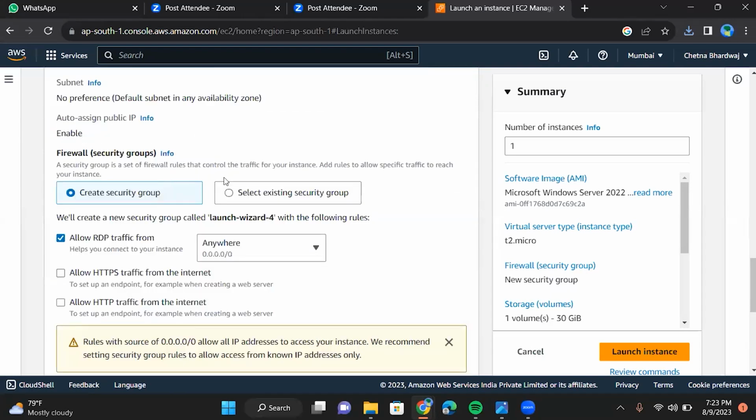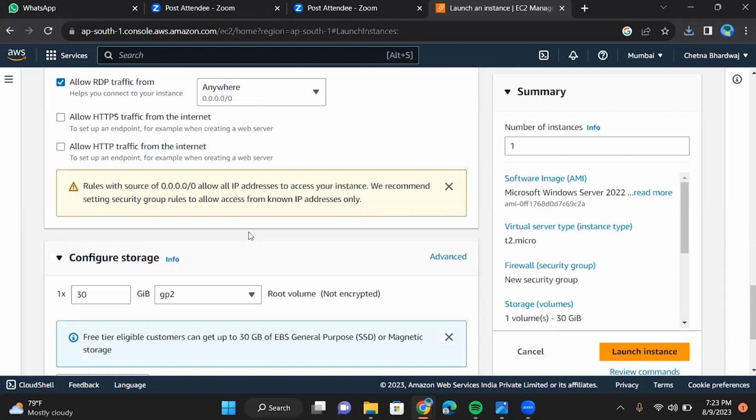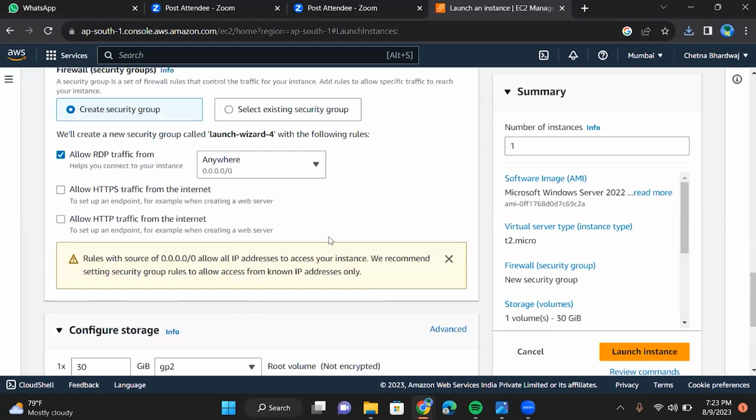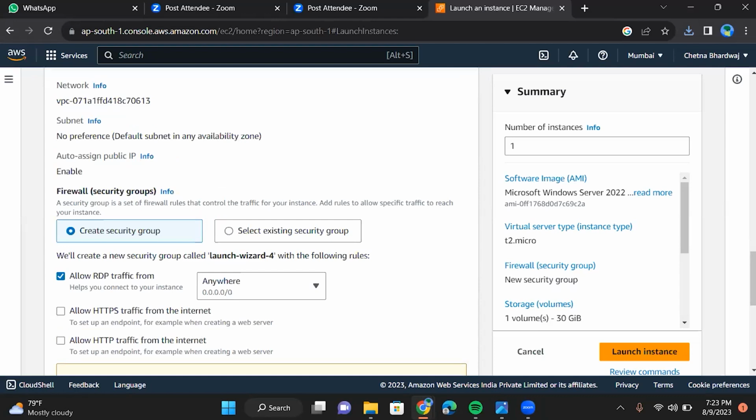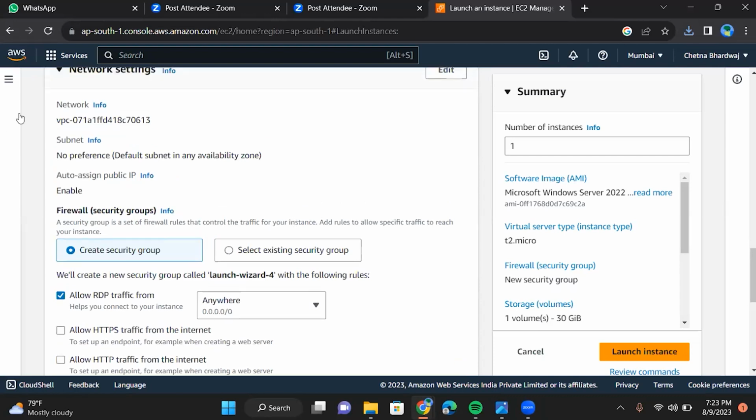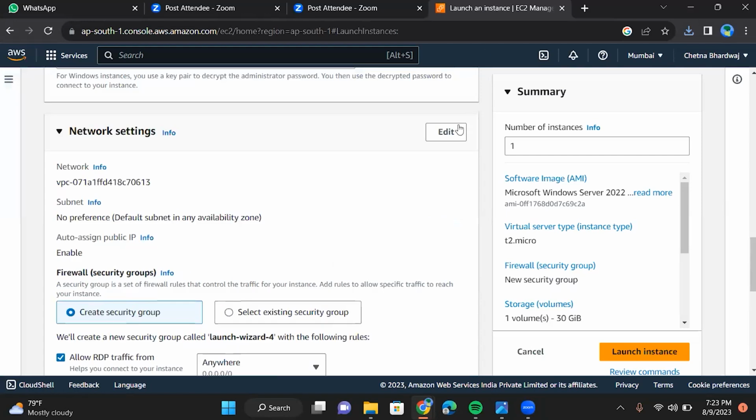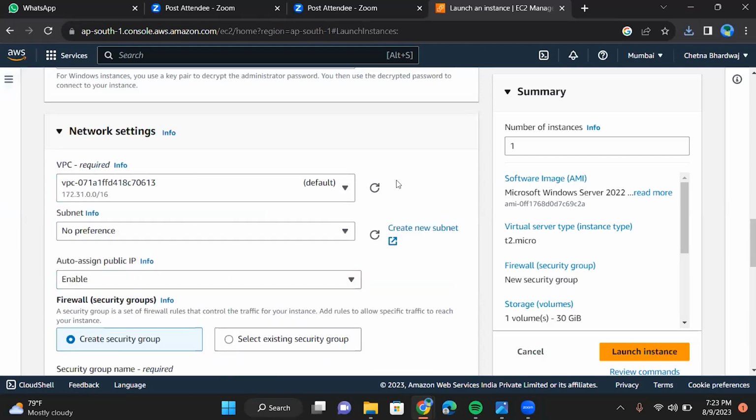Okay, for now, let it be the default. We will study the different security groups and how we can create the security. One other thing that you must know is assigning the zone.